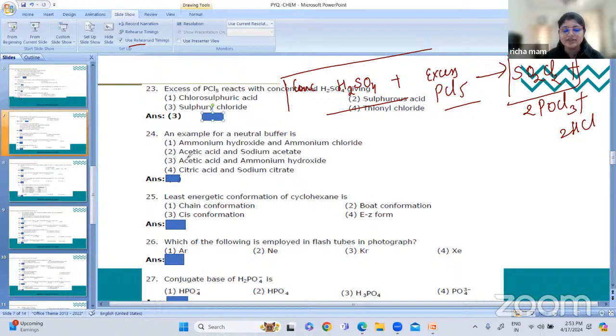So neutral buffer, how is it formed? It is formed by mixing weak acid and weak base. Okay, so which is an example of a neutral buffer? So these are the 4 options. Yes, you can use the chat box for answering.